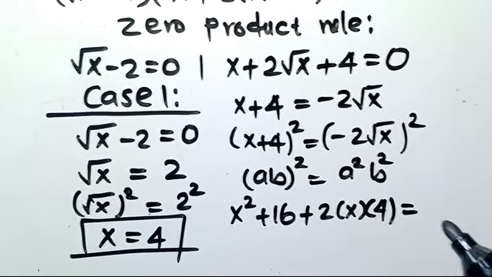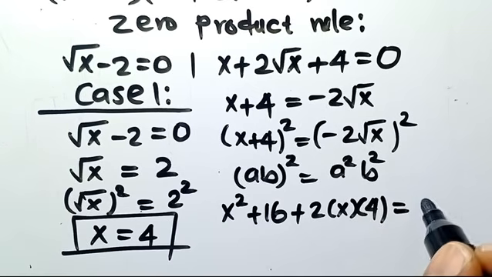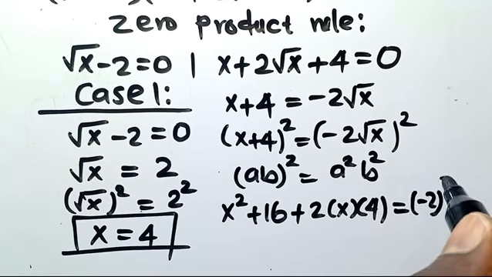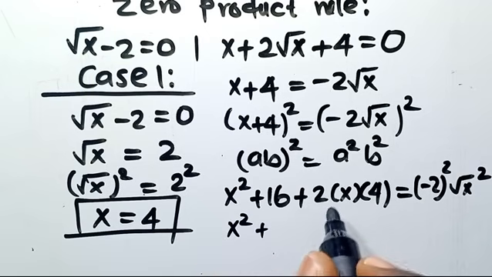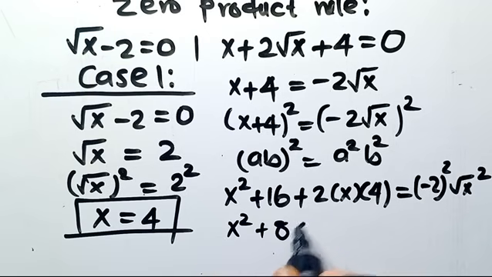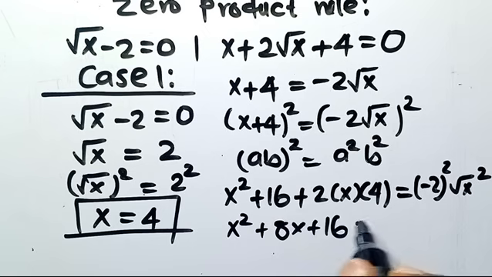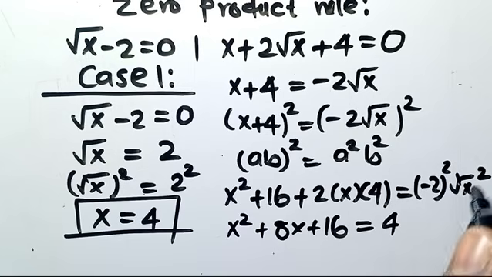Then this will equal (−2)² times (√x)². So we have x² + 2 times 4 is 8, 8x + 16 equals 4x. This cancels out.